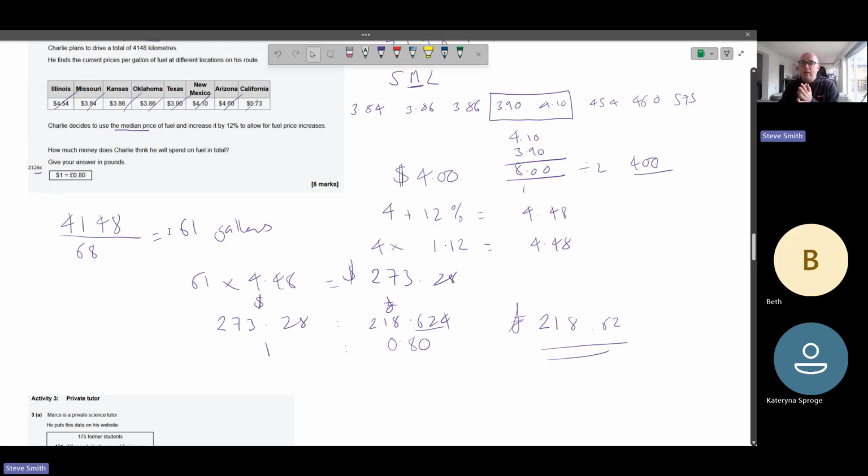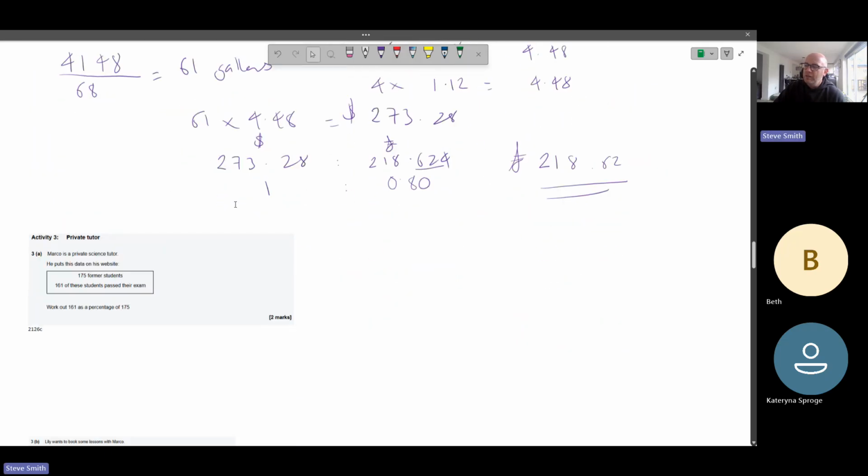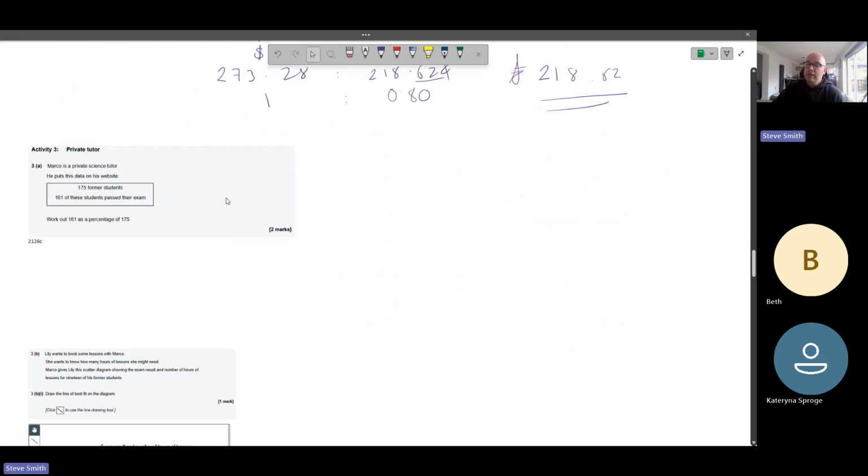So it's about recognizing which bits I can pull out and do for my individual marks and how they come together at the end to get my last bit of conversion that I need to do, which was that part there. So if it's a high point question, it's going to be lots of little things to do, and then you bring them all together quite often.